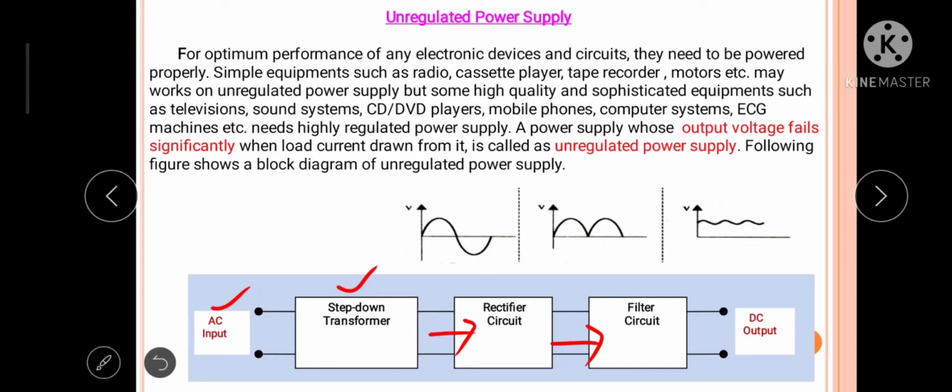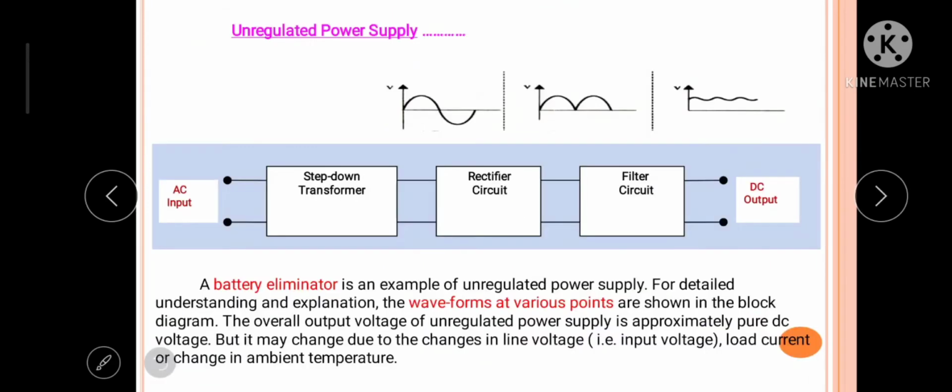This filter circuit removes or smoothens out the pulsations in the signal and makes it somewhat stable. And finally, this output DC voltage is connected to the output load. A simple battery eliminator is an example of unregulated power supply.